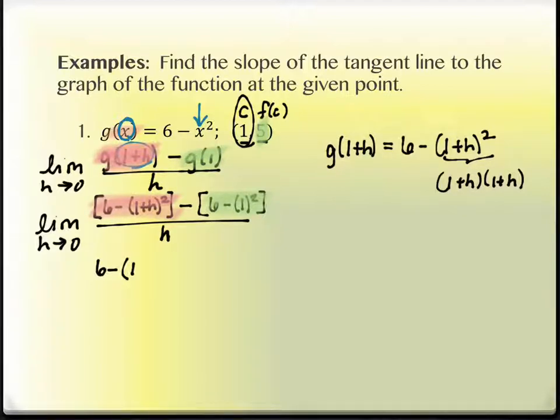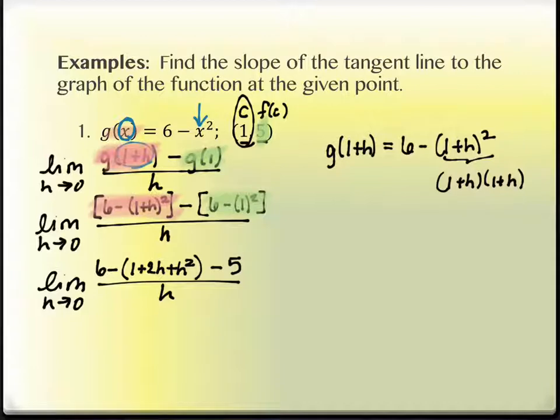But I'm going to have 1 plus 2h and plus h squared when I distribute that multiplication out. And then just like Jeff said, this would then be minus 5 at the end, because my 6 minus 1 squared, it'd be 5. And also I was given that. It's all over h, but I still haven't actually plugged 0 in for h, so I will still keep writing limit as h goes to 0.